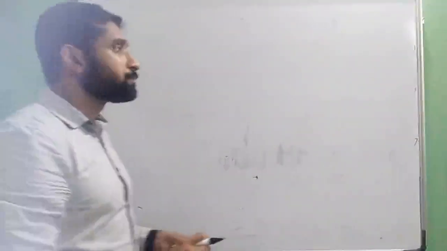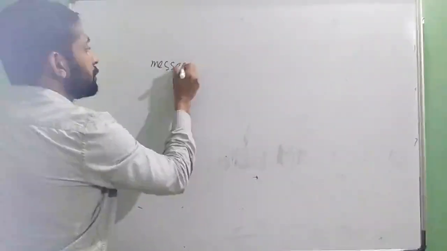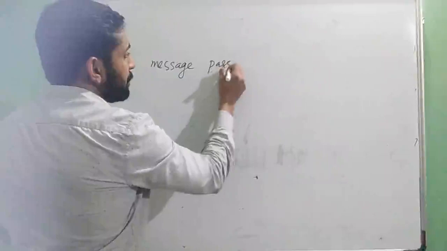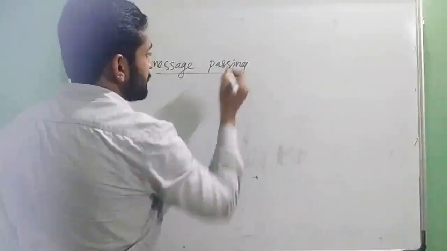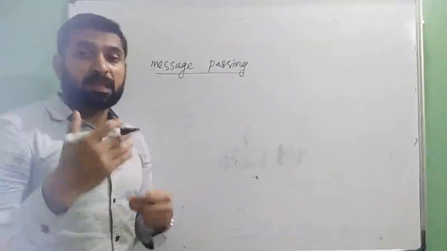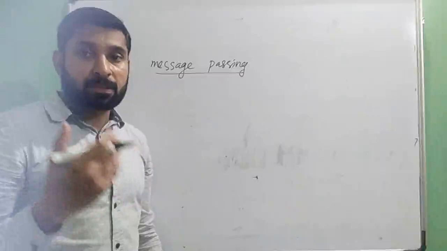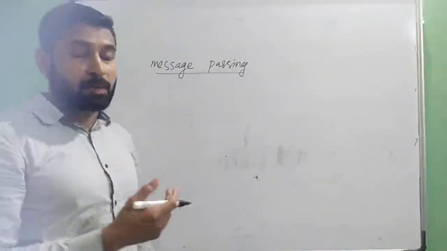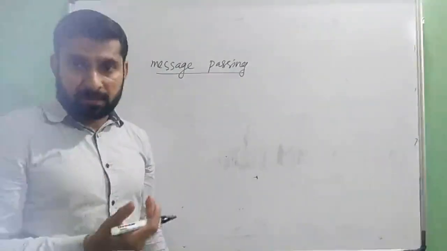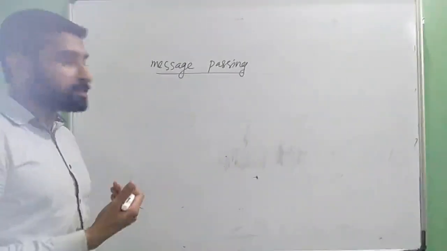Now finally, a term called message passing. The data members inside a class cannot be directly accessed by outside agents.